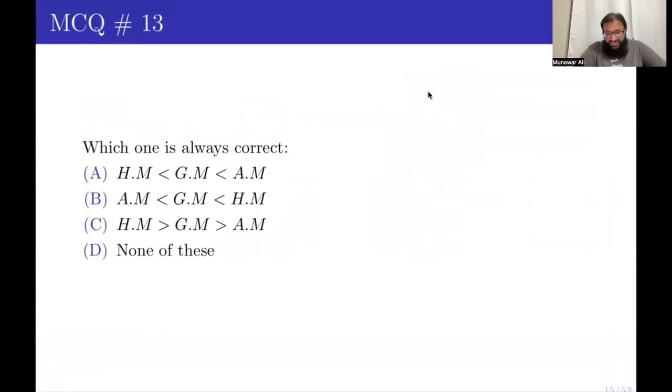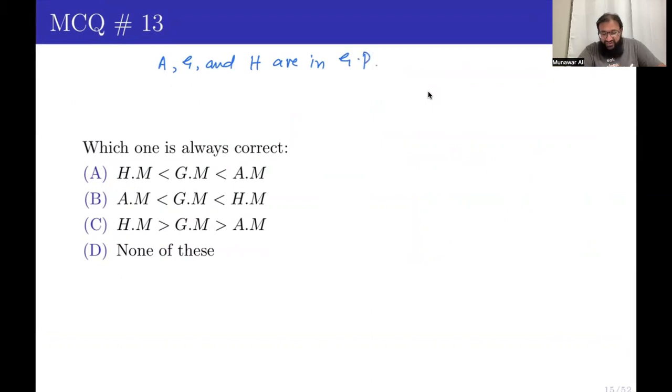So MCQ number 13 is, we have to select the correct relationship between arithmetic mean, harmonic mean, and geometric mean. The first thing is that we have to keep one thing in our mind, that arithmetic mean, geometric mean, and harmonic mean are in geometric progression.